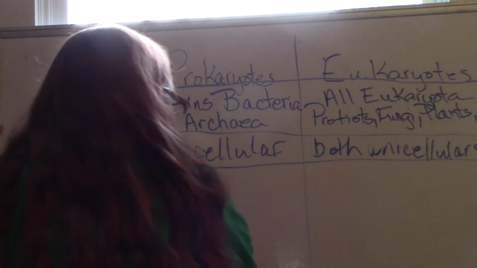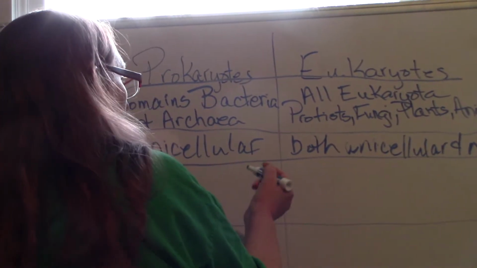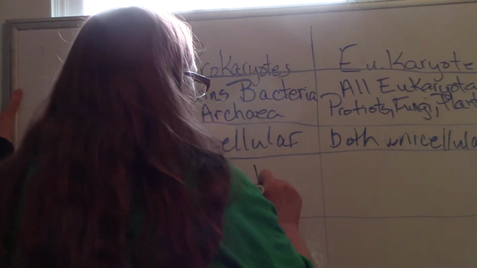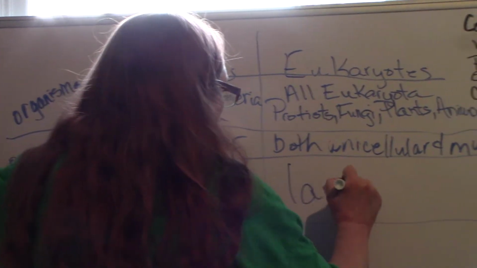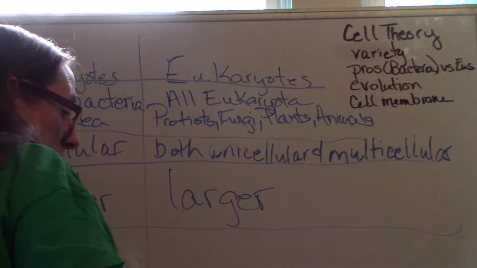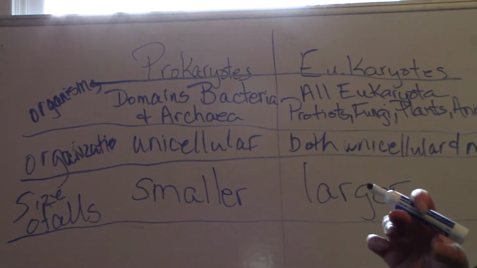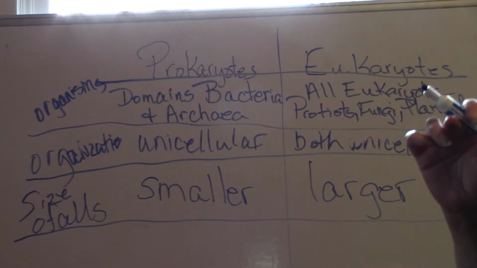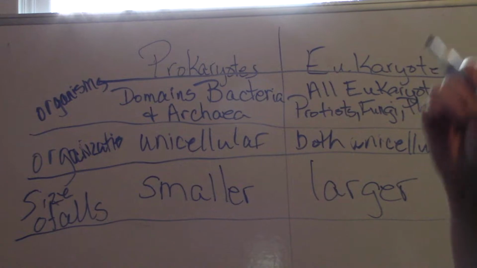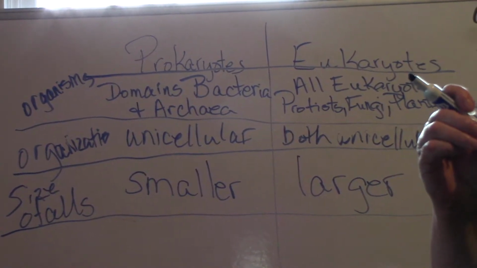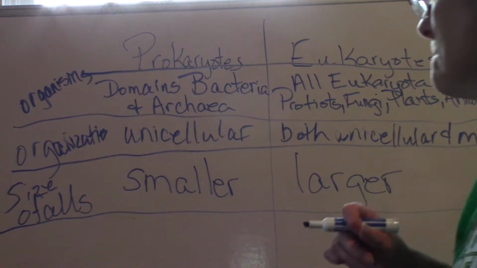Now, rather than giving you numbers to memorize, smaller and larger. So basically, the largest prokaryotic cell is about the same size as the smallest eukaryotic cell. All right?